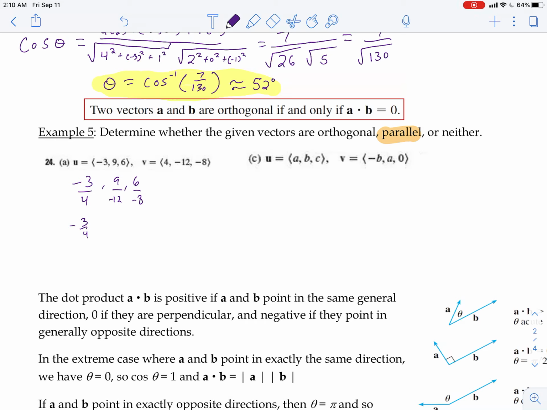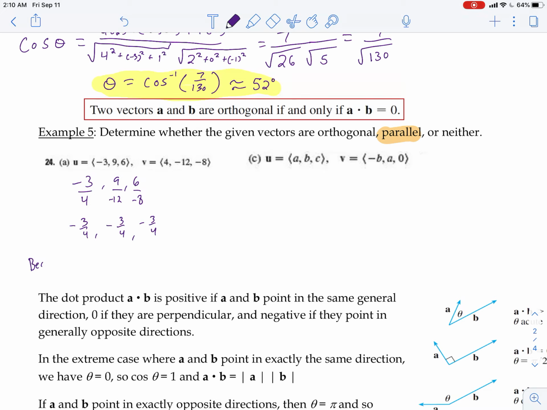So I'm just going to show you this. It's going to reduce to negative 3/4. And the last components are going to reduce to negative 3/4. Because they can reduce all to negative 3/4, they're scalar multiples of each other.